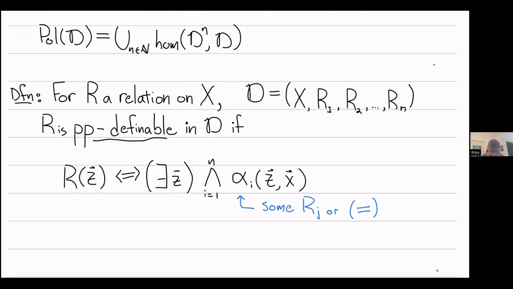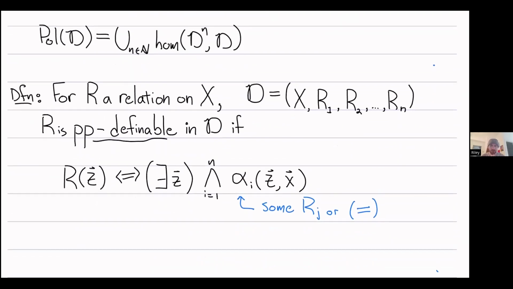So for a relation R on a set X and some structure D also on X, so everything has to be on the same domain for now, we say that R is PP definable in D if we can write R as an existential quantifier, maybe some dummy variables, in front of a big conjunction of atomic formulas, where atomic formulas are allowed to include equality.